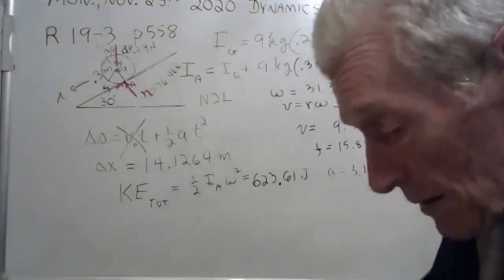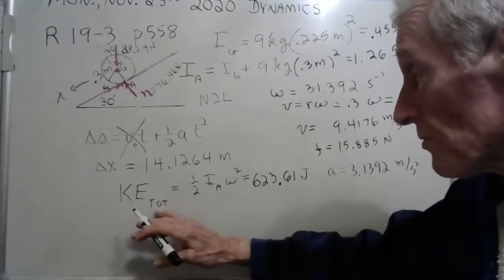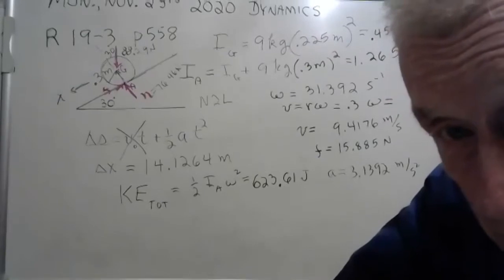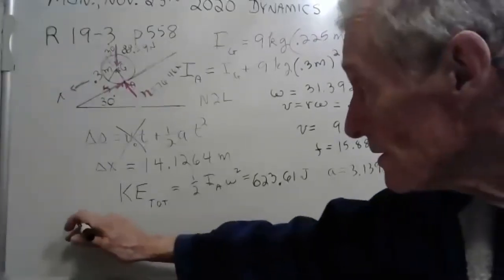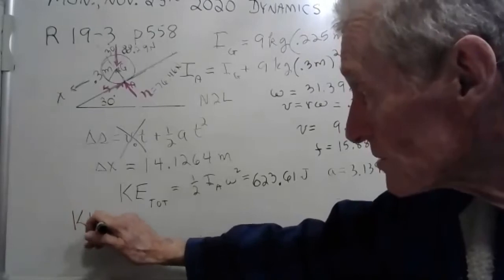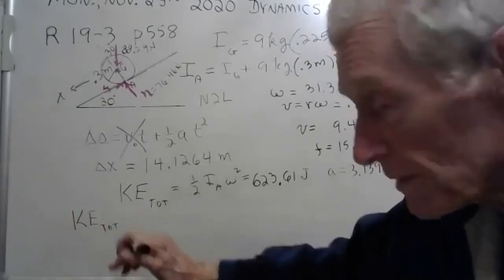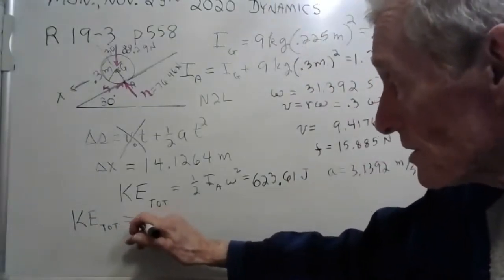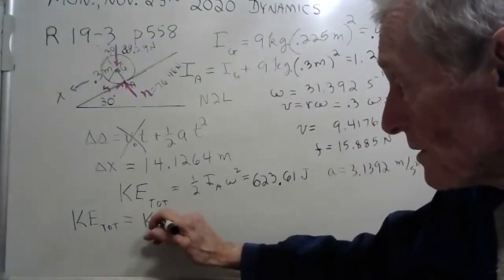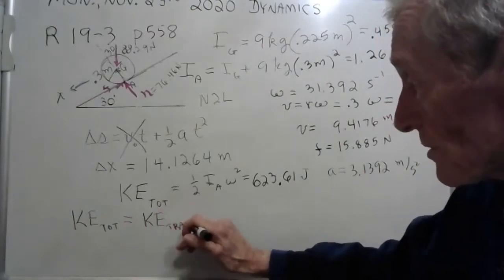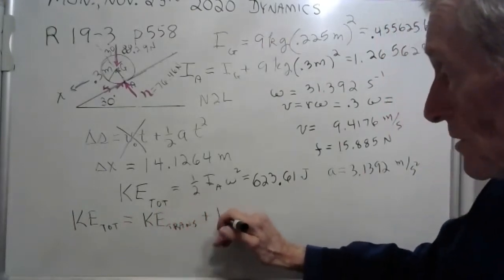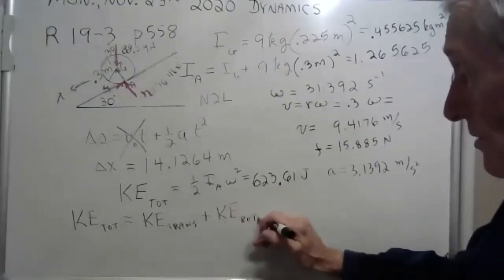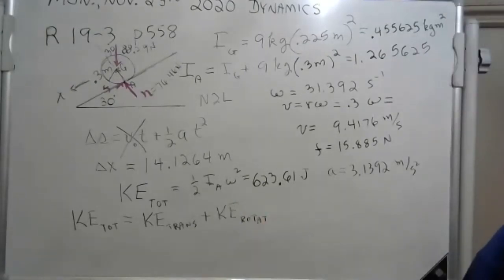Now, did you know that's the total kinetic energy? It's really broken into 2 parts. Let me show you those. The total kinetic energy consists of the translational kinetic energy plus the rotational kinetic energy.